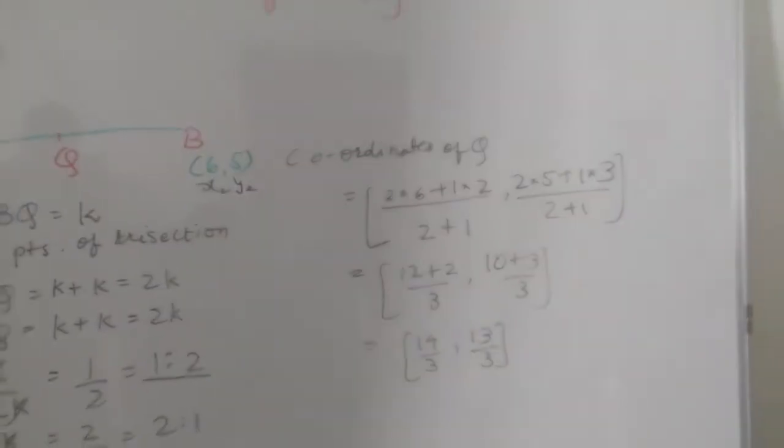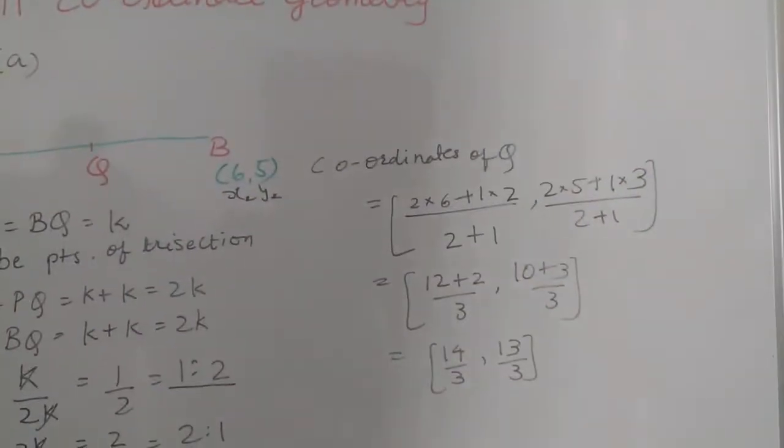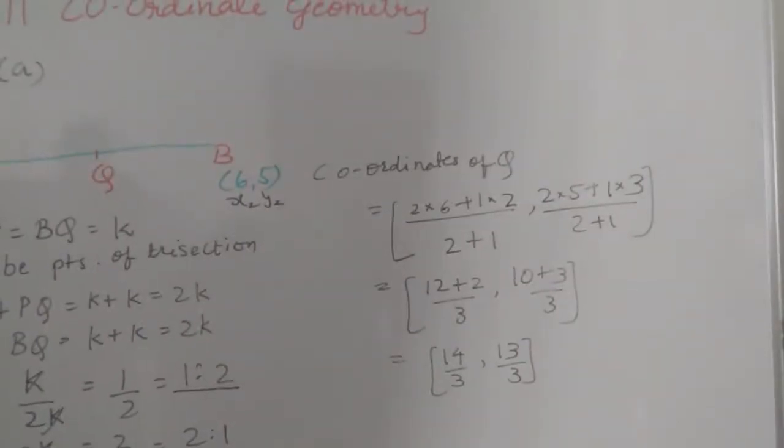The coordinates of Q are 14 by 3 and 13 by 3. Accordingly, we found both the answers, the coordinates of Q and the coordinates of P. So whenever trisection questions come, you should understand that this is how you have to solve.